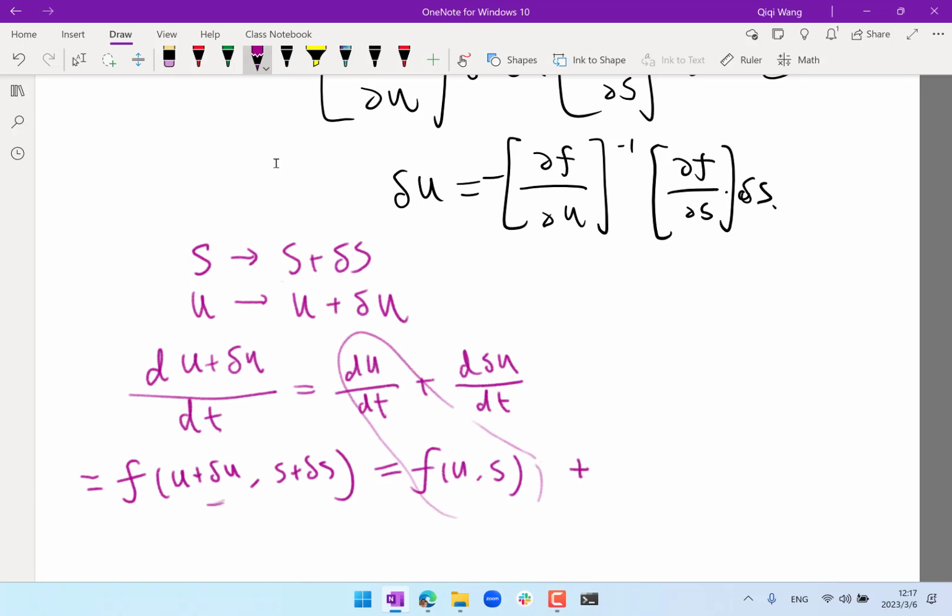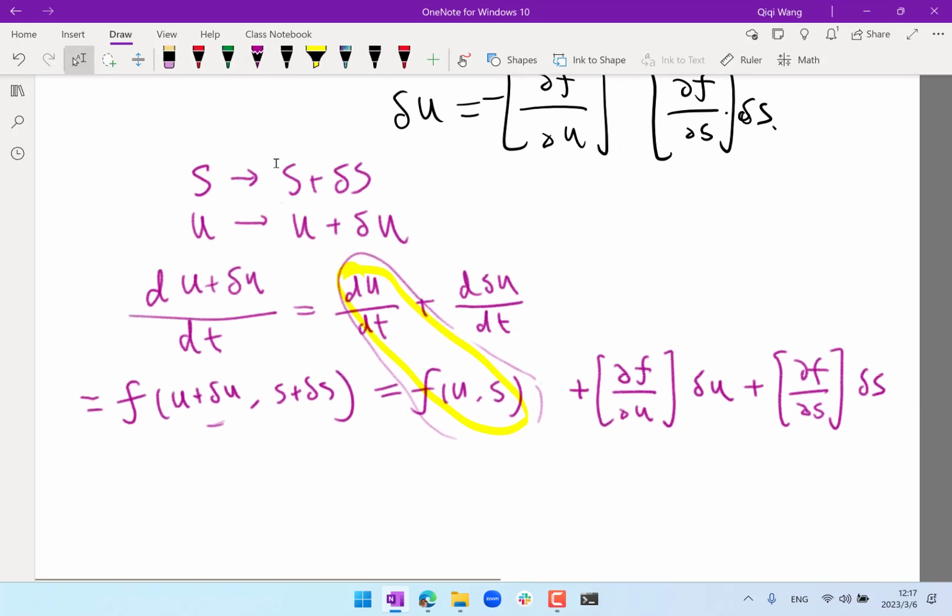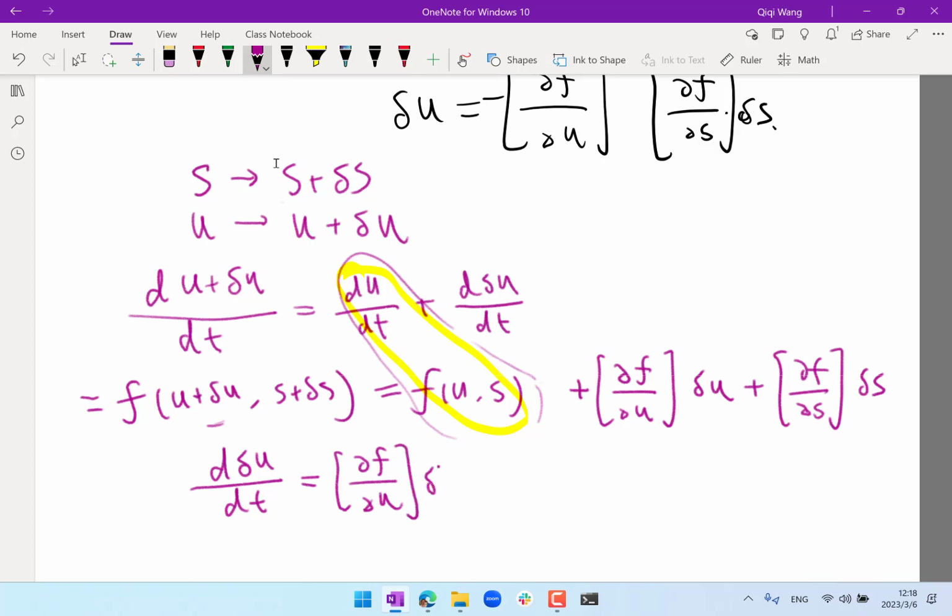One is the influence of delta u, df/du, the Jacobian of the system, times delta u. The second is df/ds times delta s. So d delta u/dt equals df/du times delta u plus df/ds times delta s.